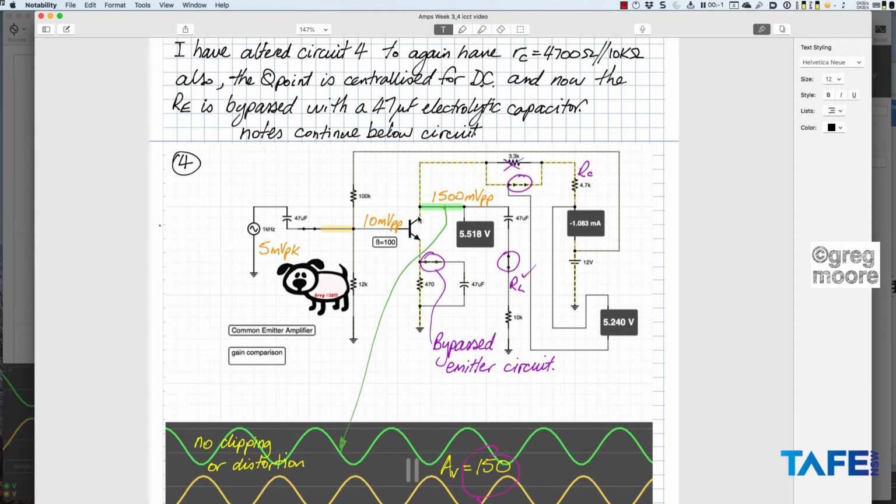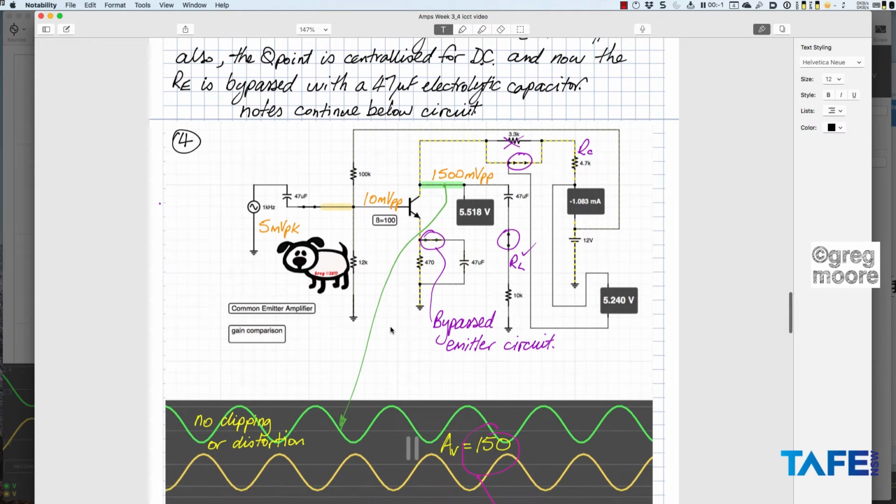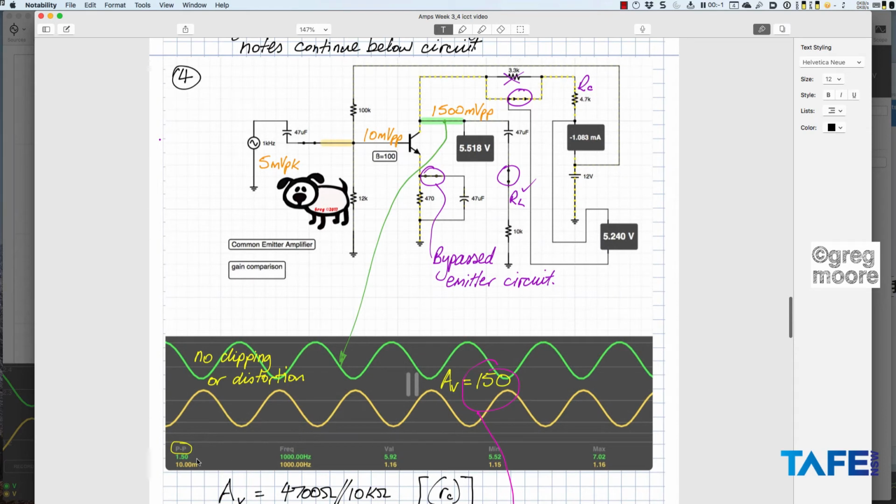So all of the amplification takes place in the base circuit, and we're going to guarantee that we get the most amplification that we can out of this amplifier. So I measured that, and you can see here I've got 1,500 millivolts, 1.5 volts peak to peak in the collector circuit, and 10 millivolts here.